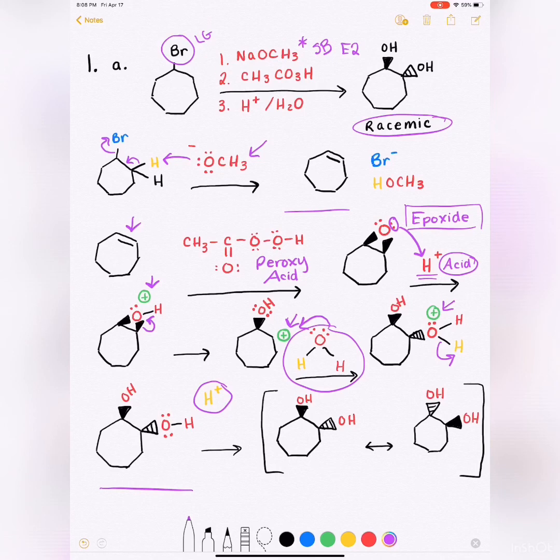So because the epoxide was created by adding oxygen to the front of the ring, oxygen was forced to attack from the back. Therefore, the second OH group is on a wedge. But if the epoxide had been formed by adding oxygen to the back of the ring, we would have come up with the second product.